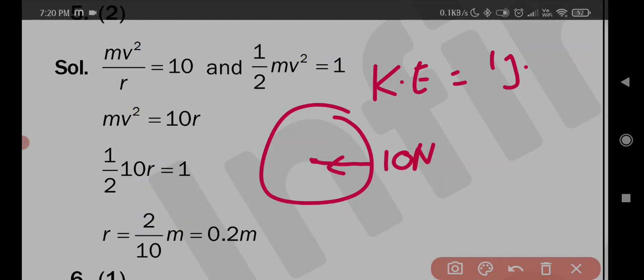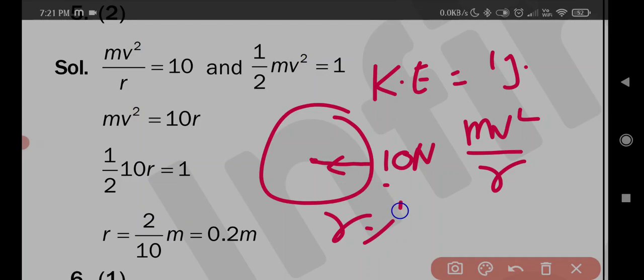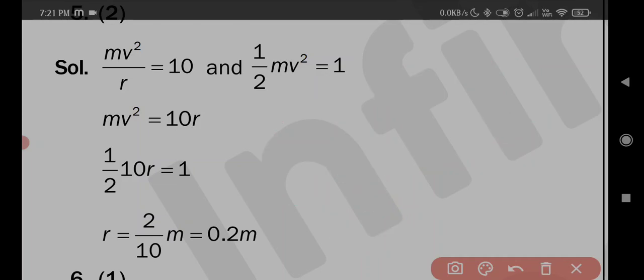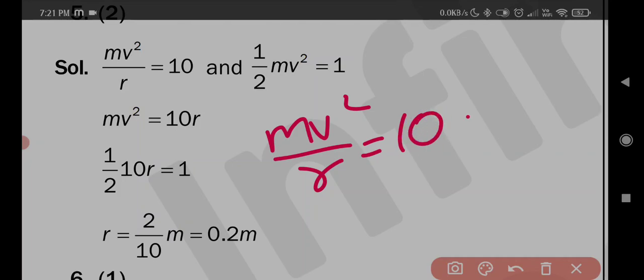What is centripetal force? mv square by r. We need to find the radius. So mv square by r is equal to 10, so mv square is 10 r.